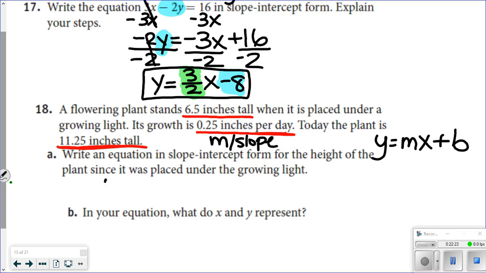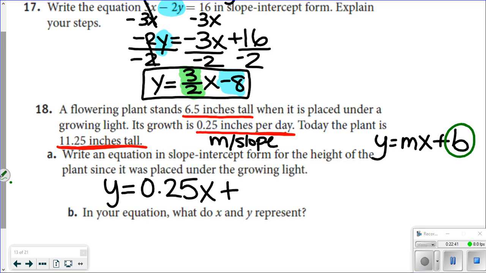So we're going to write y equals 0.25x plus, then our y-intercept, this b value, is always like our beginning point or our initial fee, our one-time payment. So how tall is the plant?